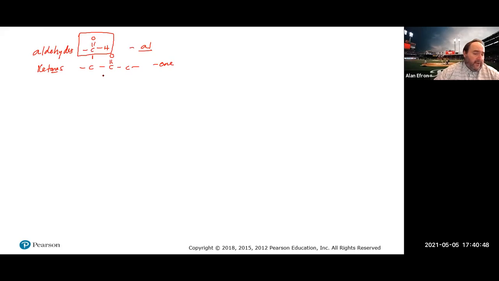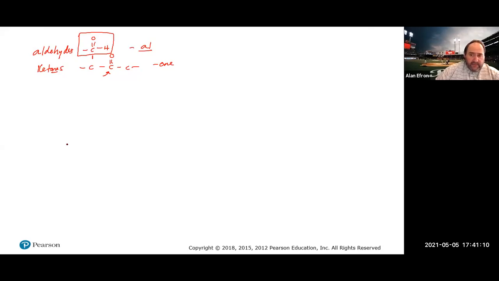Different with our ketone is it will never be at the end. So it will usually need 5 or more carbons, and at about 5 or more carbons, you have different locations for the carbon-oxygen double bond.